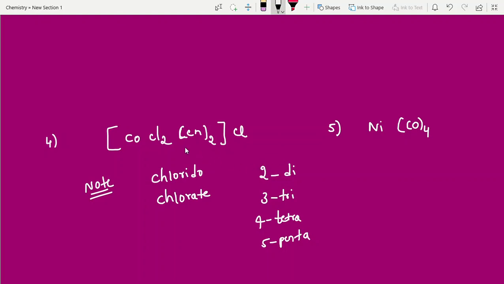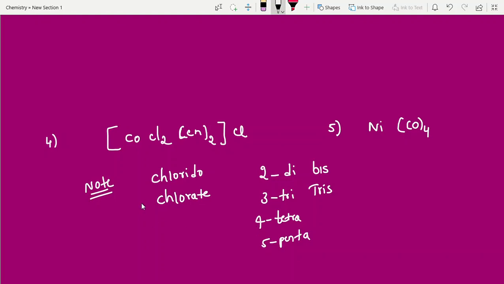But here two chlorido, so dichlorido, and again 2 ethane-1,2-diamine, also writing di, confusion. To avoid this, if it is repeated two times, we use one more term, bis. This is tris, this is tetrakis. Like this it will come.